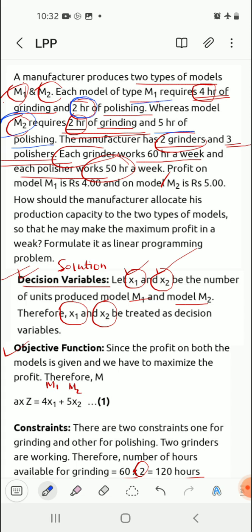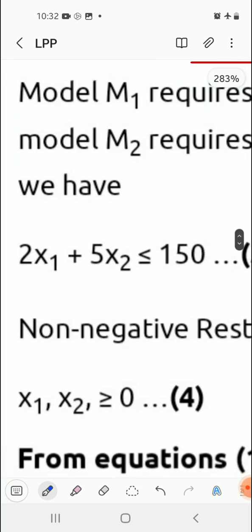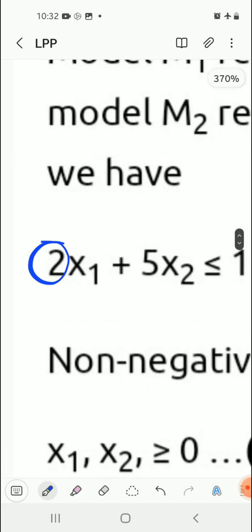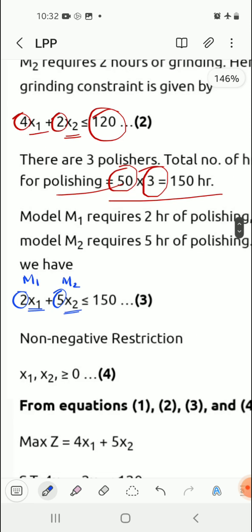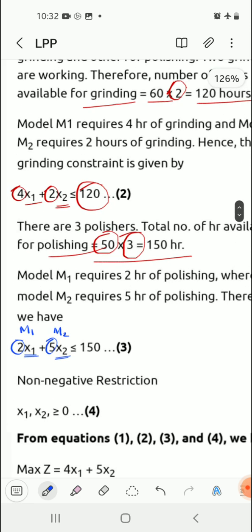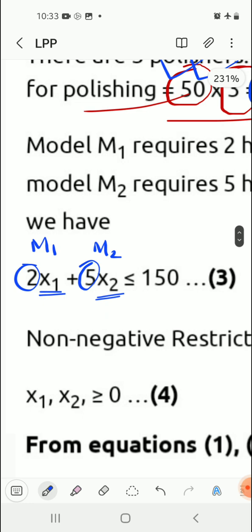M1 is stated as X1, so we write 2 hours of polishing required for X1, which is model 1, and for model 2, 5 hours are required, so 5 and X2. The total the polisher can be used for is 150 hours, because it can be used 50 hours in a week and you have got 3 polishers, so 50 times 3 is 150. So again, this is stated as less than or equal to 150.